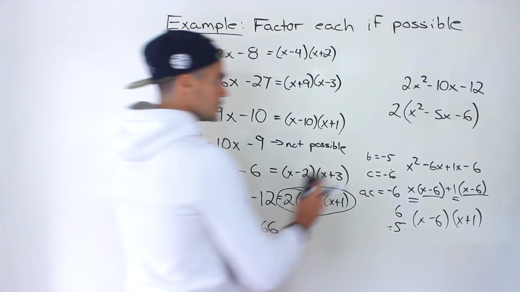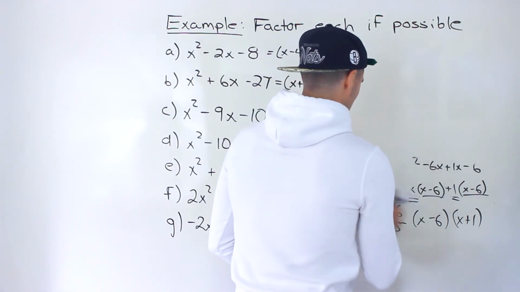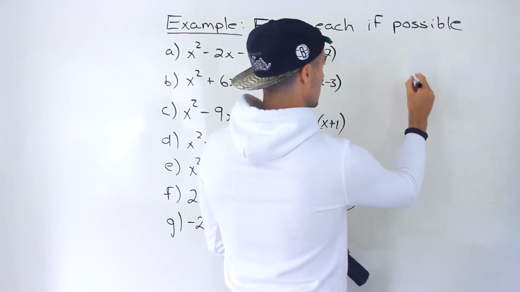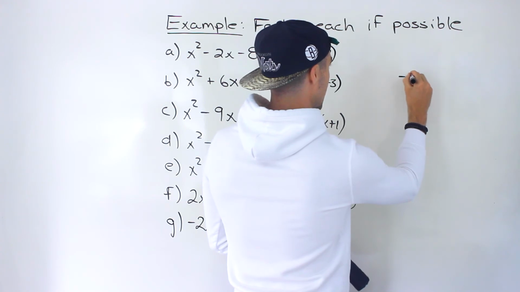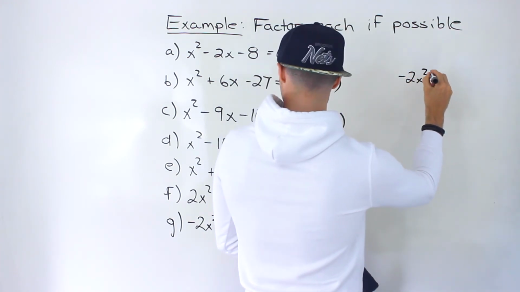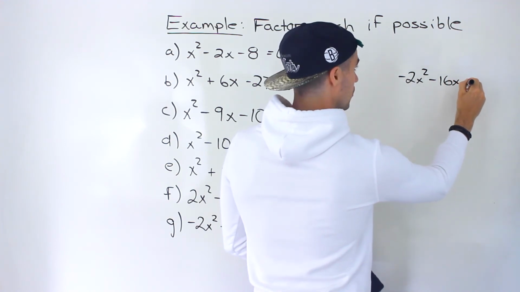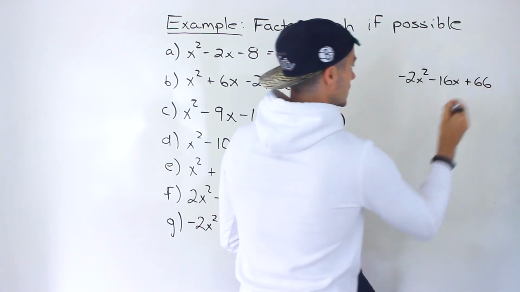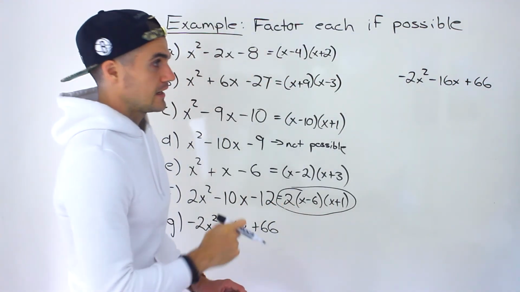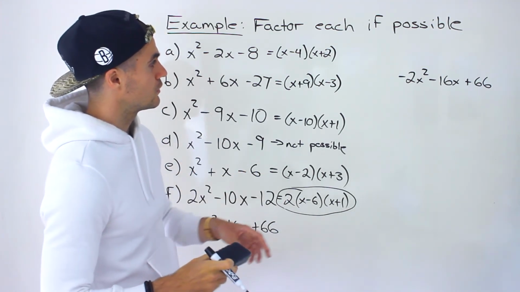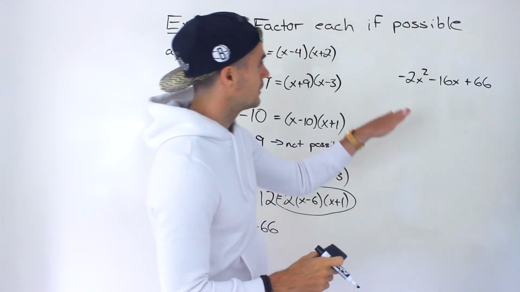And then finally, part G. Notice this one, it's a little bit different because there is a negative leading coefficient. Whenever there's a negative leading coefficient, we're actually going to do more questions like this in a future video where we have to factor out negative leading coefficients, but thought I would include it in this video as well.